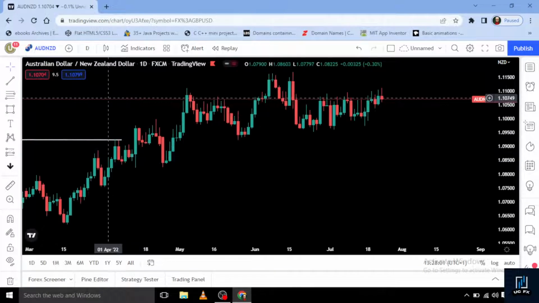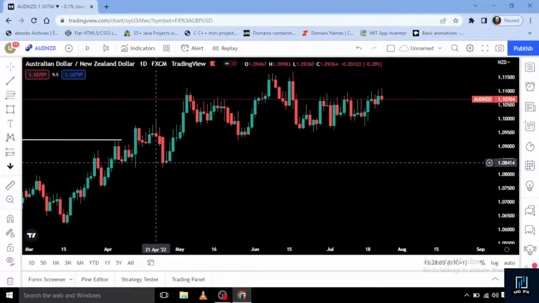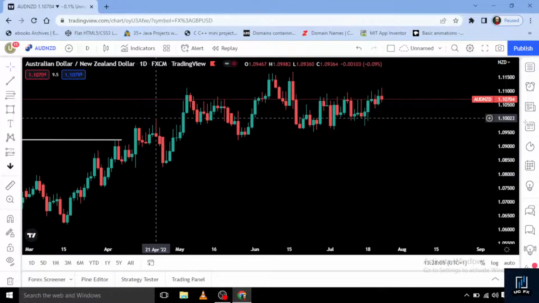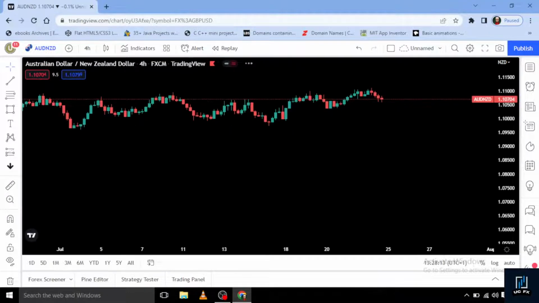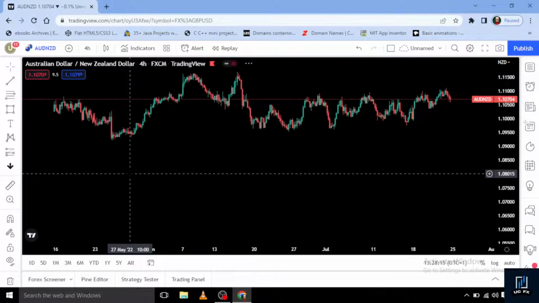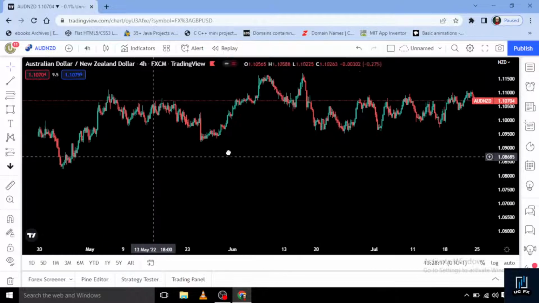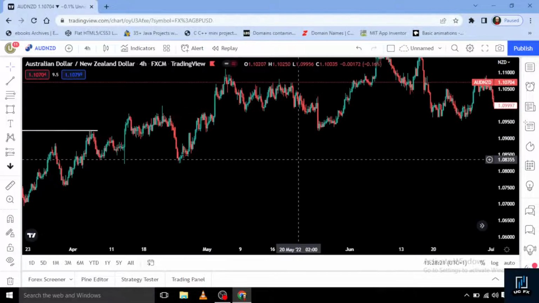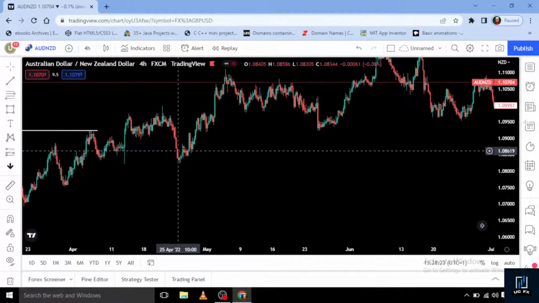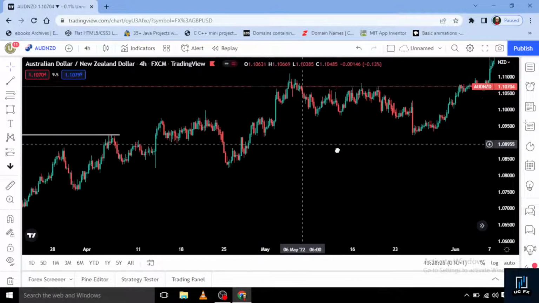Yes, so let's go down to lower time frame to refine this order block, because we have another block here which took out this high. So let's go down to the lower time frame. So here we are on the 4-hour chart. So here is this area. So we have to refine the order block using our H4 time frame.